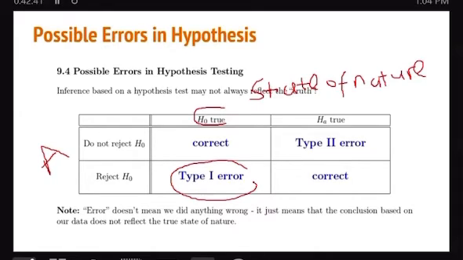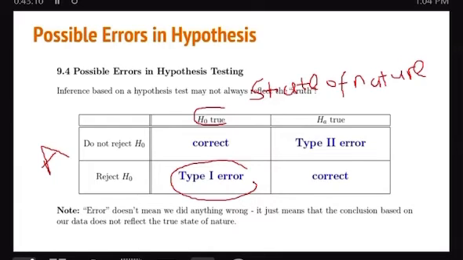We can rule out that in research. And what is correct? When H0 is true, we do not reject it. And when HA is true, we reject H0. That's a correct decision. Okay, and the correct decision is what we call the power of a test.